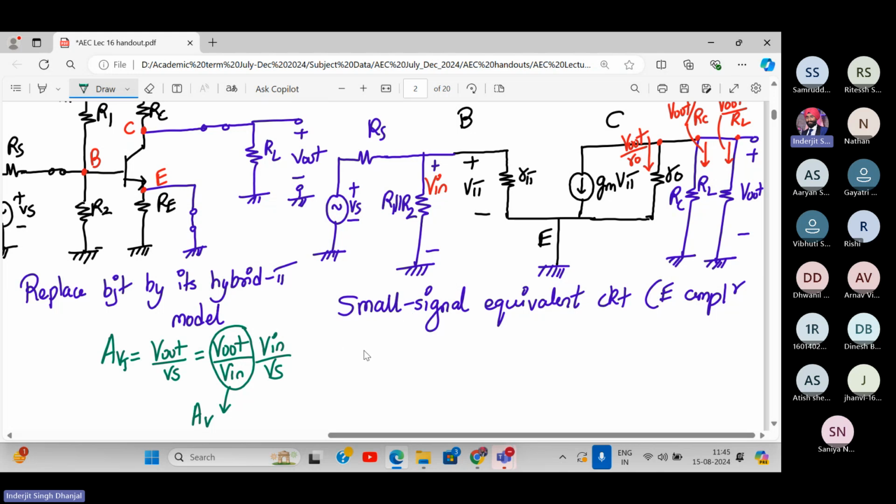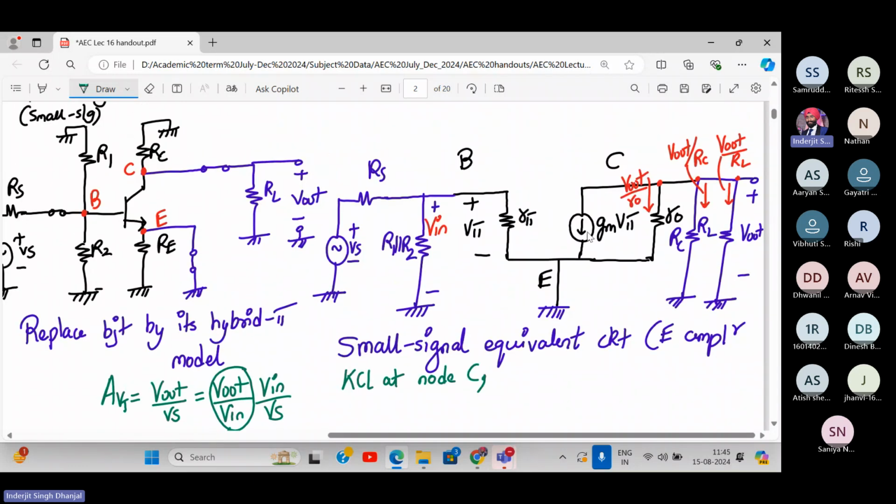All right, so let's find out V out upon V in. So we need an equation relating V out and V in terms. So we'll apply KCL at node C. What do we get? All of these currents are outgoing currents, as you can see. So we'll add them together. So gm into V pi plus V out upon Ro plus V out upon capital RC plus V out upon RL is equal to 0.